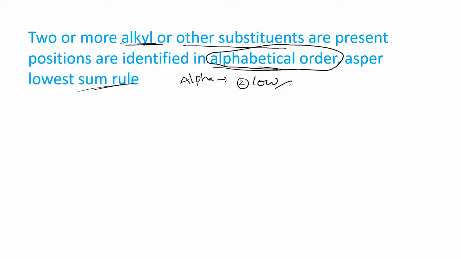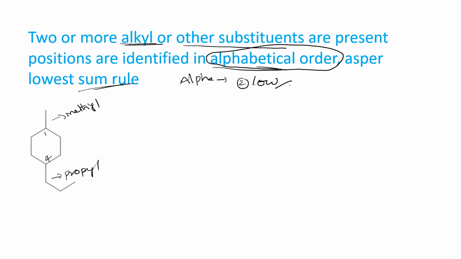Let us discuss some examples. Here, if you go anywhere, the position is the same: 1 and 4. Here the substituent is a methyl group, and here the substituent is a propyl group. Why did I give number 1 here?